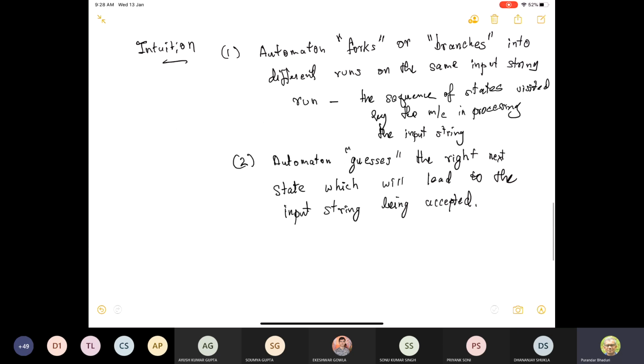And this is the point which most people have difficulty understanding.